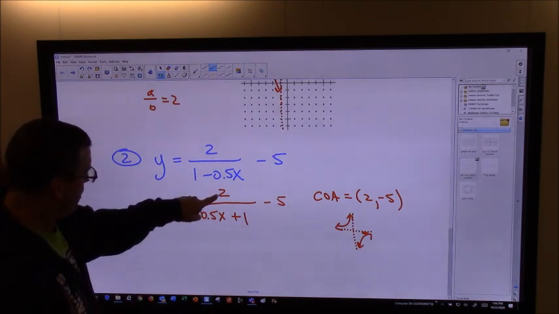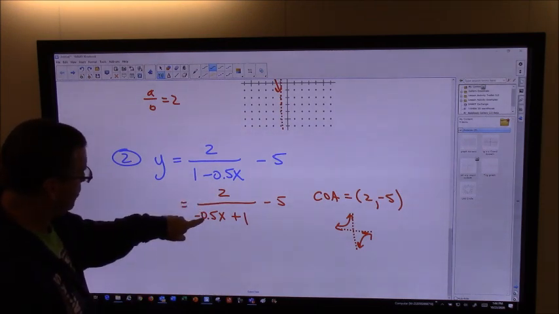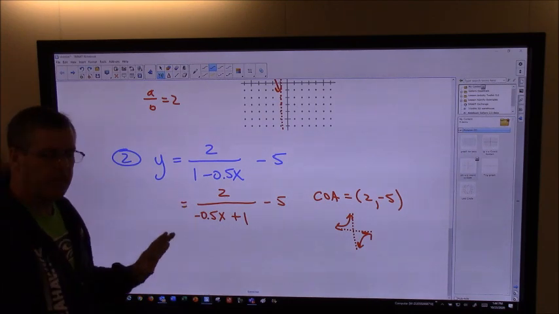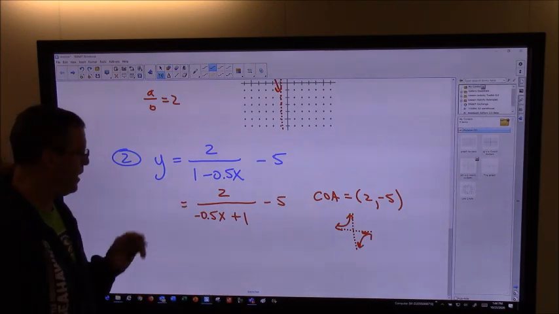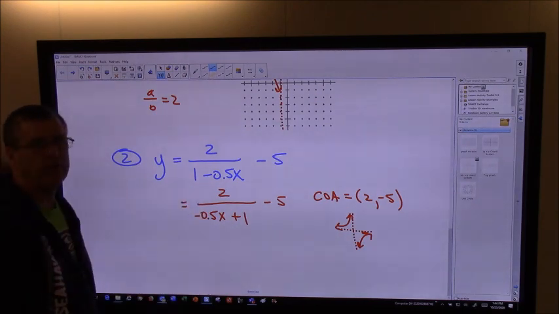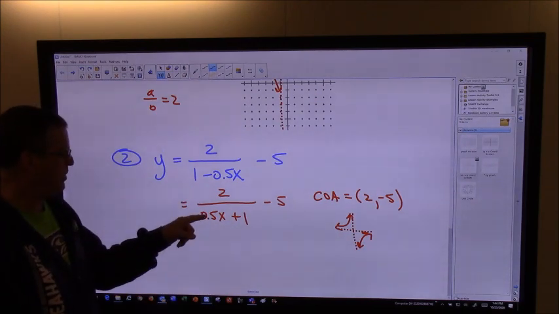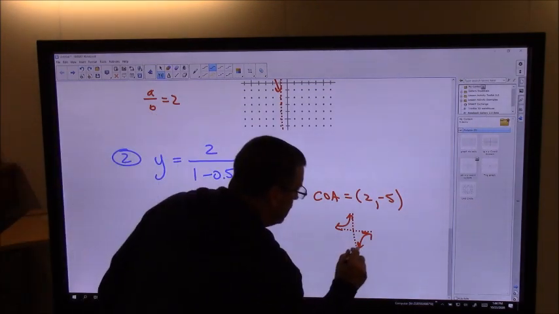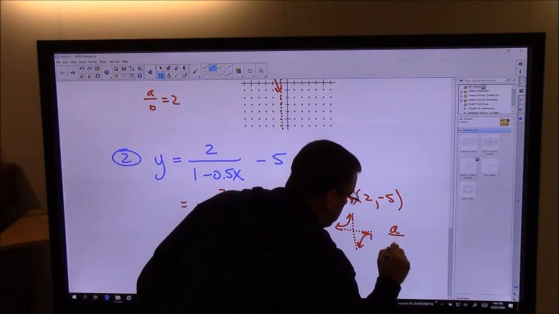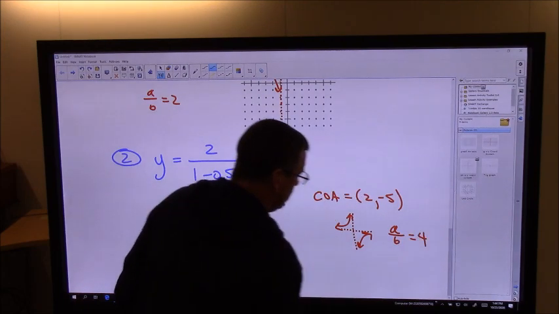And then my A over B value, so again, I'm ignoring the negative signs at this point. Right? I already know what it does. It flips it across the y-axis. I just want to know what 2 divided by 0.5 is. How many 50-cent pieces in $2? Should be 4, right? So A divided by B equals 4.